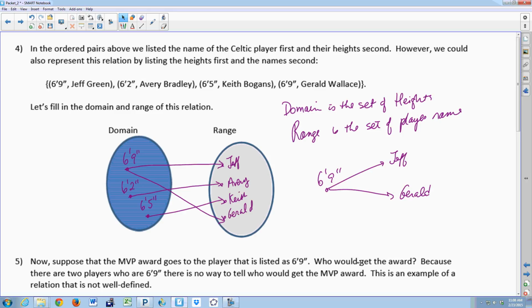And this is okay based on the definition of what a relation is. It's just an ordered pair. So this is okay as a relation, but it doesn't satisfy the idea that for each input there corresponds one and only one output. So for that kind of relation, where we have one and only one output, we've got to give it a new name.